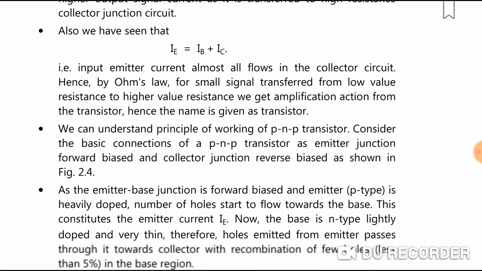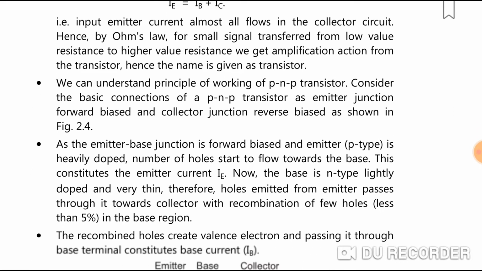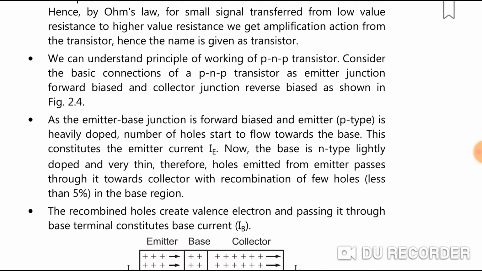Also, we have seen IE is equal to IB plus IC. That is, the input emitter current almost all flows in the collector circuit. Hence, by Ohm's law, for a small signal transferred from a low value resistance to a higher value resistance, we get amplification action from the transistor. Hence the name transistor.